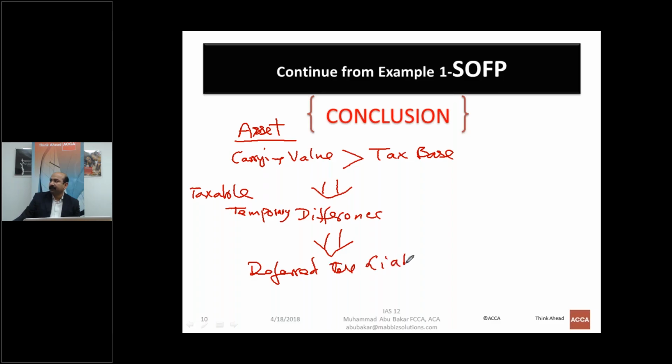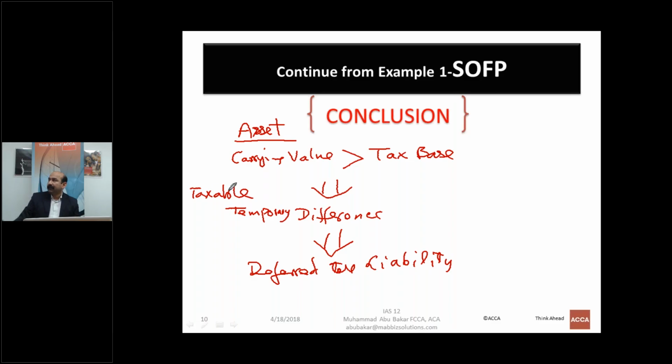In our last example, in all years except the last years, the carrying value of the asset was higher than the tax base. Tax base is the value with reference to the tax law. If that value is lower, the difference will be termed as a taxable temporary difference, and multiplying it with the tax rate gives us the deferred tax liability.